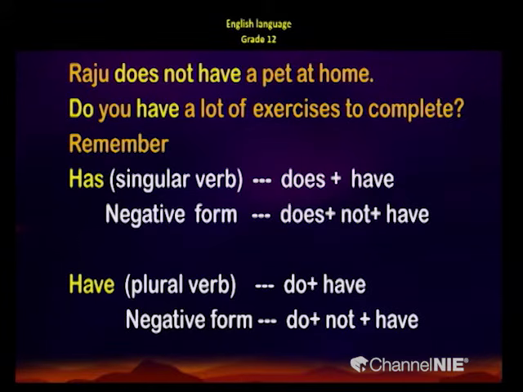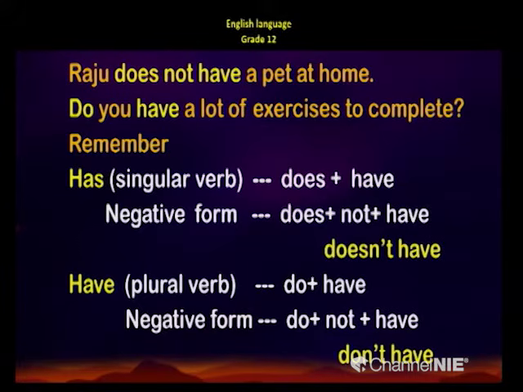So to form the question and the negative, once again like we did with do and does, here also we are going to break has and have into two parts. I'll explain. Has is a singular verb, so you break it into does plus have. Then the negative form is does not have, doesn't have.